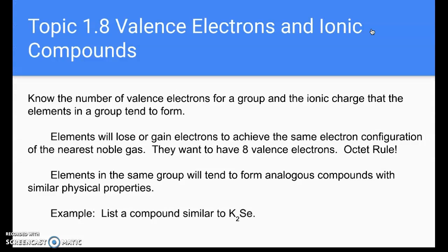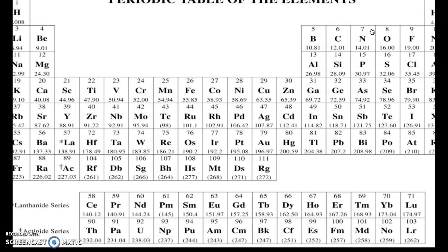Okay, so topic 1.8 now is on valence electrons and ionic compounds. So first of all, we want to know the number of valence electrons for a group and the ionic charge that the elements in that group tend to form. So let's go back to that periodic table. So just to review, for valence electrons first, this first column, the alkali metals all have 1. The alkaline earth metals all have 2.